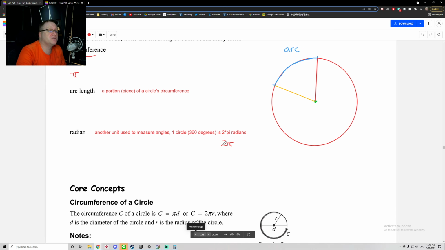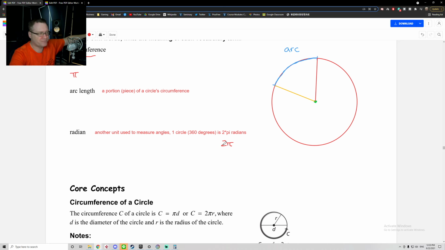So we want to know, how do we switch back and forth? If I know degrees, can I change it? For example, if I know how many centimeters something is, I can change that into meters. 150 centimeters is 1.5 meters. You can do that. But with angles, we also need to be able to change. If I know it's 60 degrees, how do I change it into radians?